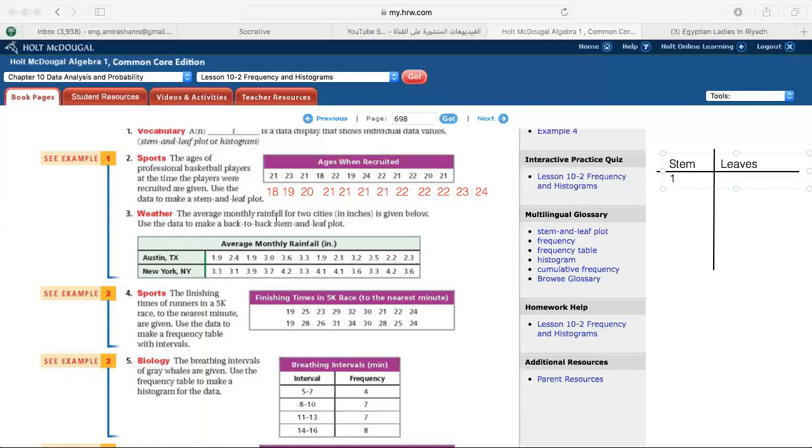So I have 18 and 19. So 1 is here and 1 is here, common. So I will take 1 in the stem and take the last digit to put it in the leaves.